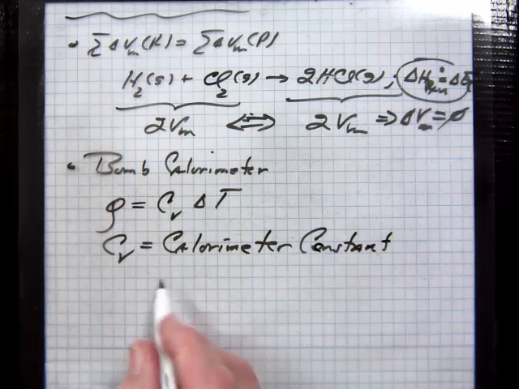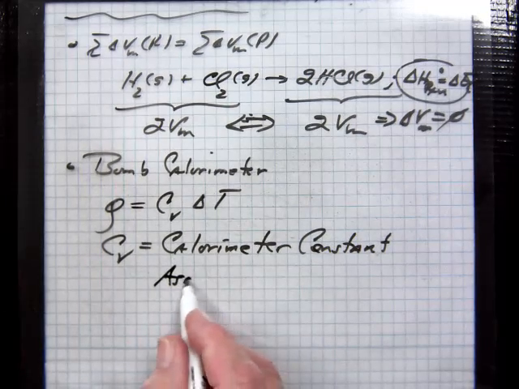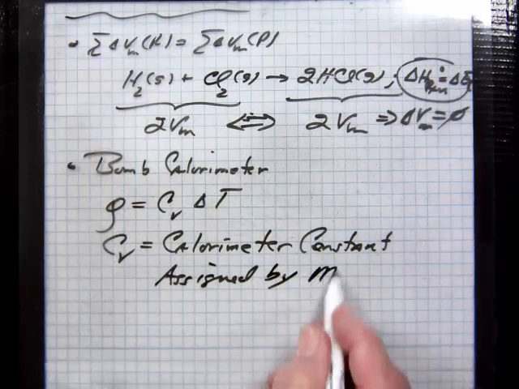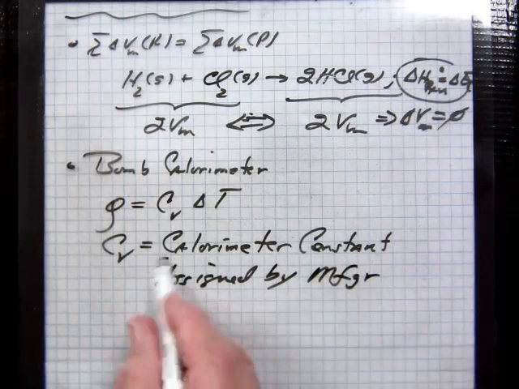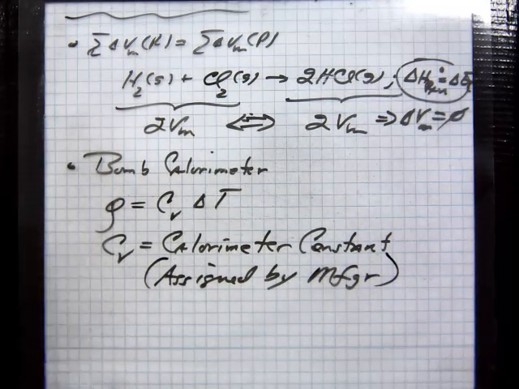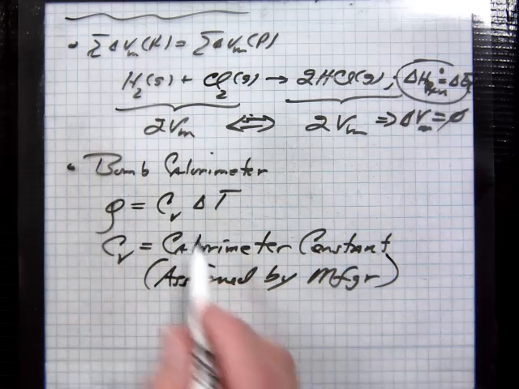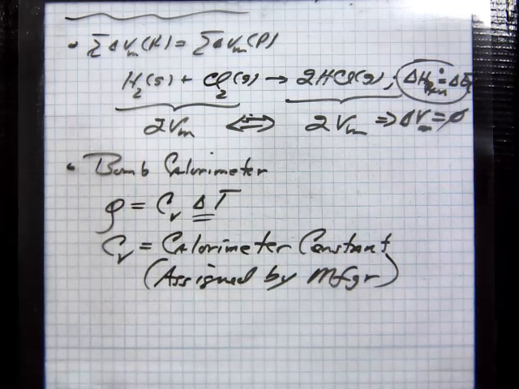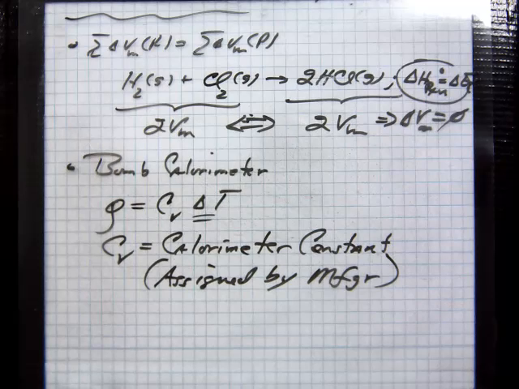And it's assigned by the manufacturer. As a constant, so to speak. So the only thing you really have to be concerned about as far as calculating the amount of heat flow is the delta T number. Well, that's easy enough. You just look at the thermometer before and after. You start the reaction. Now, there's one little twist to this.